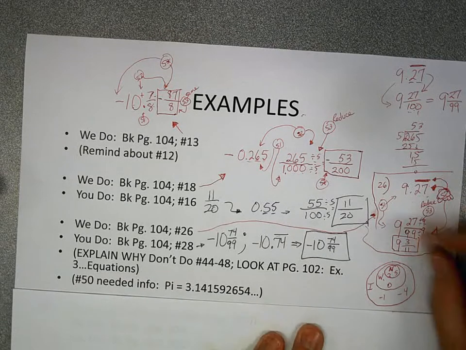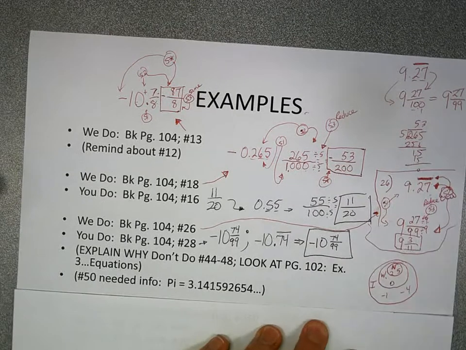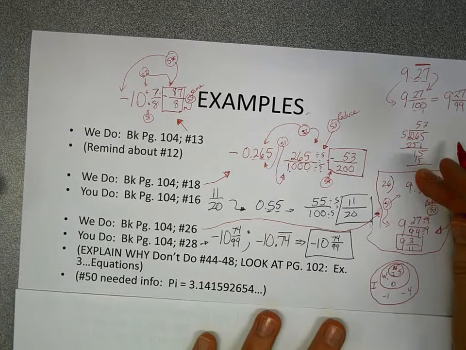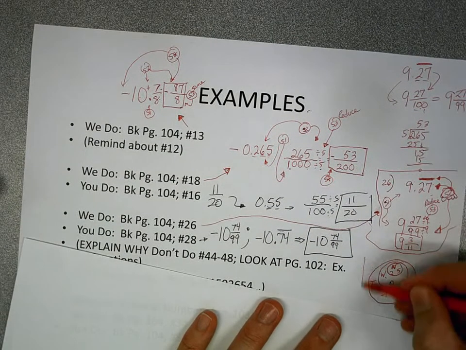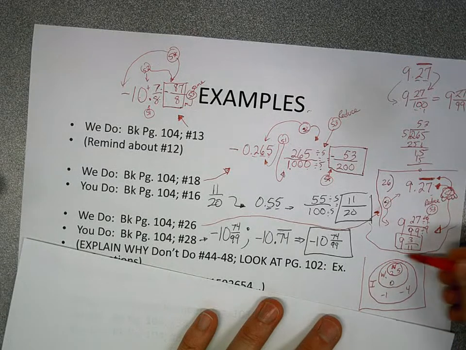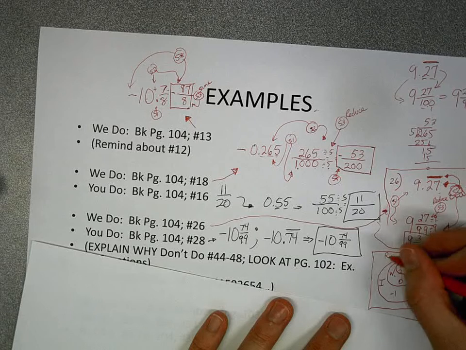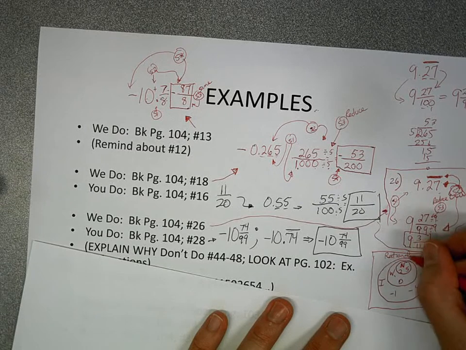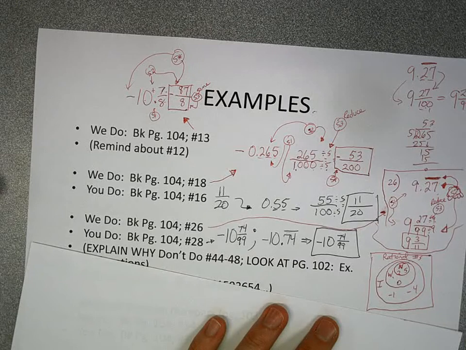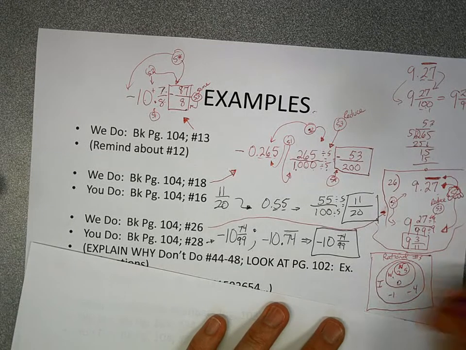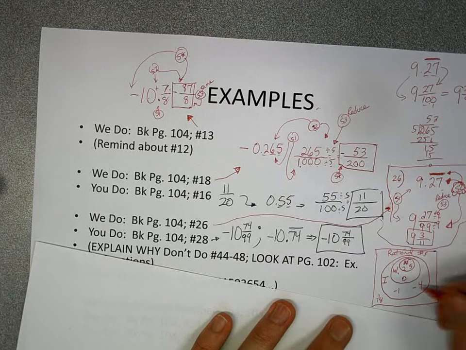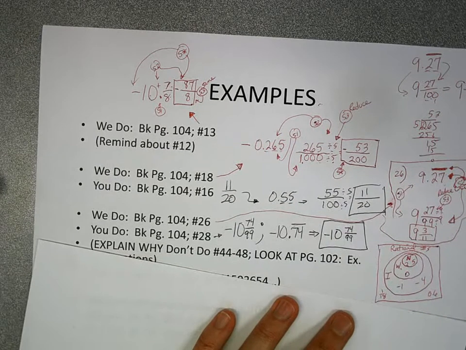Now, here's what you also have in that little diagram there. You also have this box, and that box is considered all rational numbers. Where you get these rational numbers are things like fractions, terminating decimals, repeating decimals.